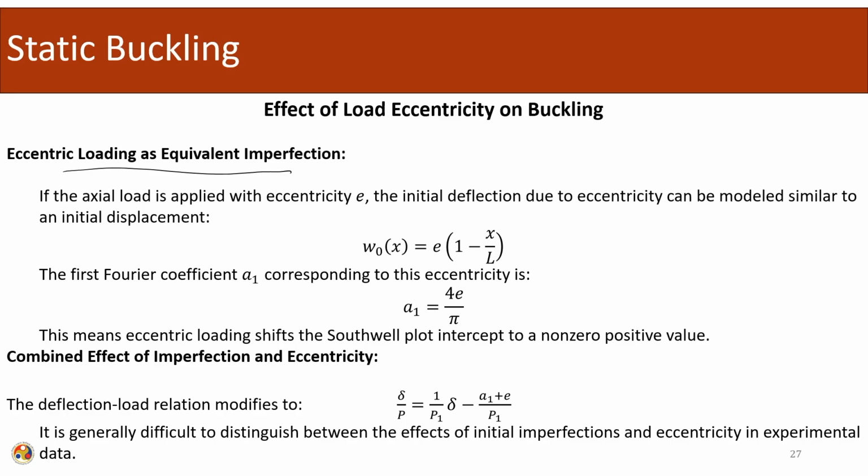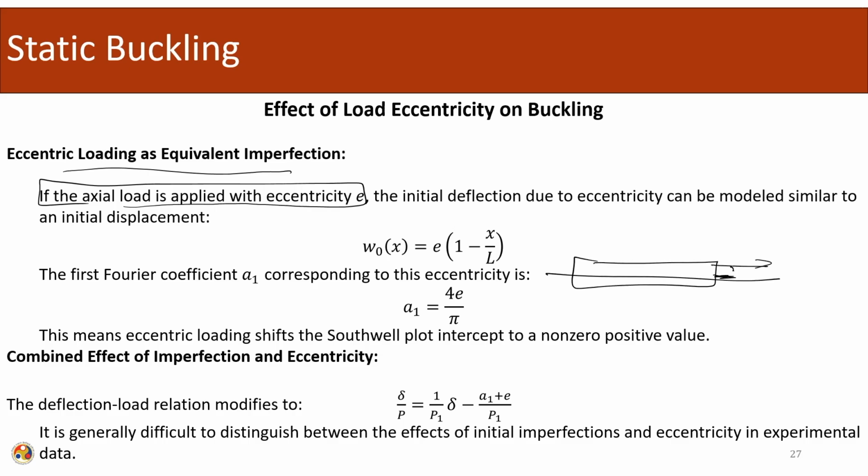If the axial load is applied with an eccentricity E, it means that P is not applied centrally, but is applied with an eccentricity E. There is an eccentricity in the application of buckling load P. The initial deflection due to eccentricity can be modeled similar to an initial displacement.